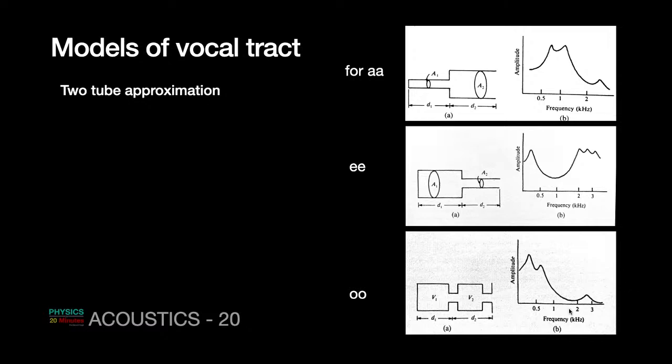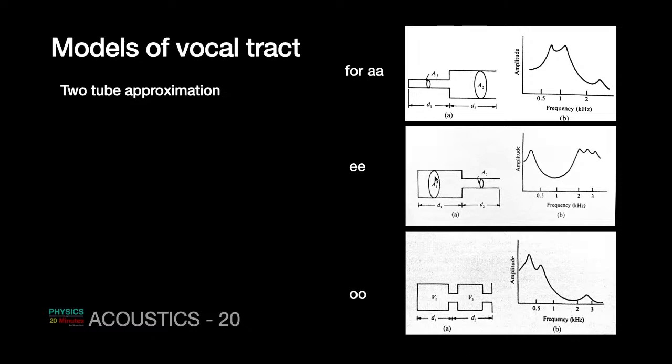So this was one of the very important, interesting experiments. If you want to do it as a project, again, the idea is open. You can take five vowels, and you can ask everyone at home to speak into it, figure out what the dominant frequencies are for everybody, find out the average, and see how they differ or are similar, etc. So that's a two-tube approximation.